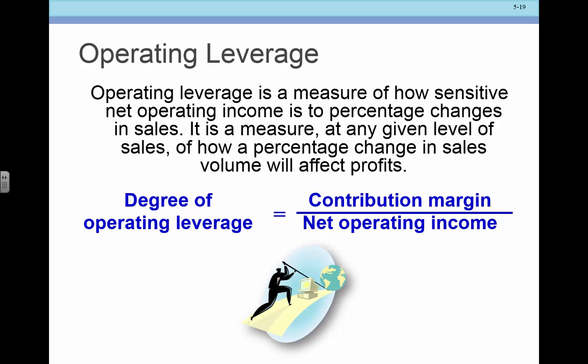If you have high fixed costs, a high percentage of your costs are fixed, that means a lower percentage of your costs are variable and your CM's high. So how sensitive is the change in the dollar of sales going to be? More sensitive or less sensitive? More, way more. Okay?